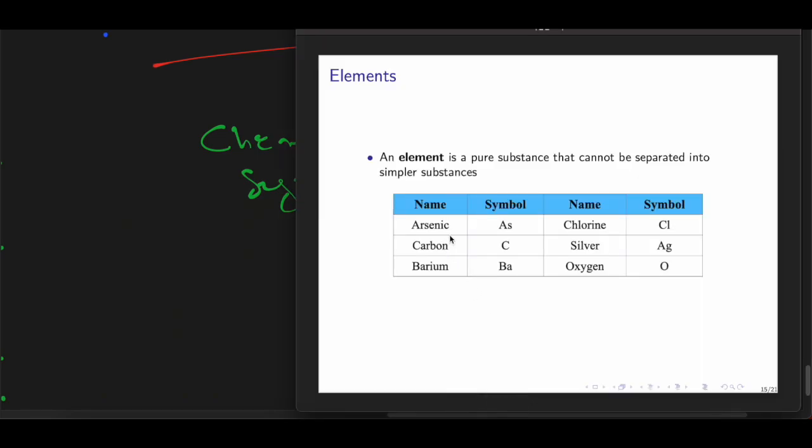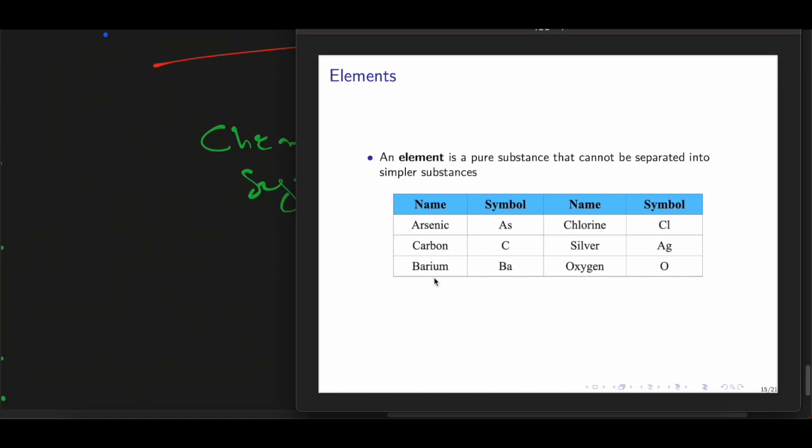As an example, we have carbon. Its chemical symbol is C, which is capitalized. But for barium, we use 2 letters, B and a. The first letter is capitalized, the second not. The same thing for chlorine, silver, or oxygen.